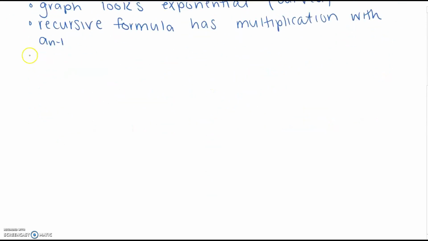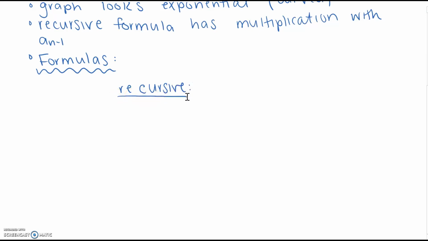So let's go down to the formulas. Again, the most important part. Just to be warned, the answer keys that are made use u sub 0 and u sub n. If you'd like to be consistent with what we've done in arithmetic sequences earlier this year, we can use a sub n. So recursive is going to be a sub n equals a sub 0 when n equals 0.